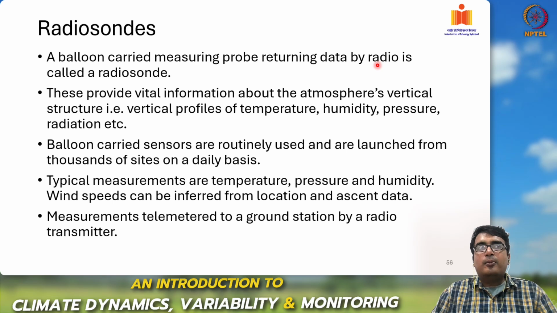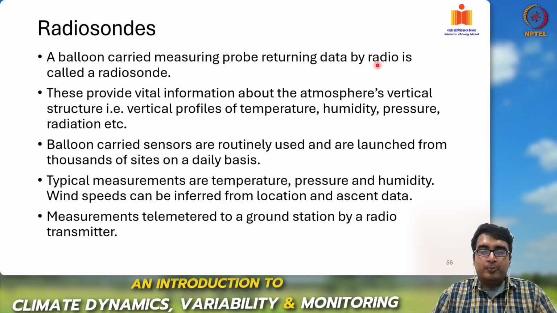However, for proper climatological modeling, we also need measurements of the various layers of troposphere and stratosphere and how they vary. And this information about the atmosphere's vertical structure and the dynamics thereof are obtained by radiosondes.